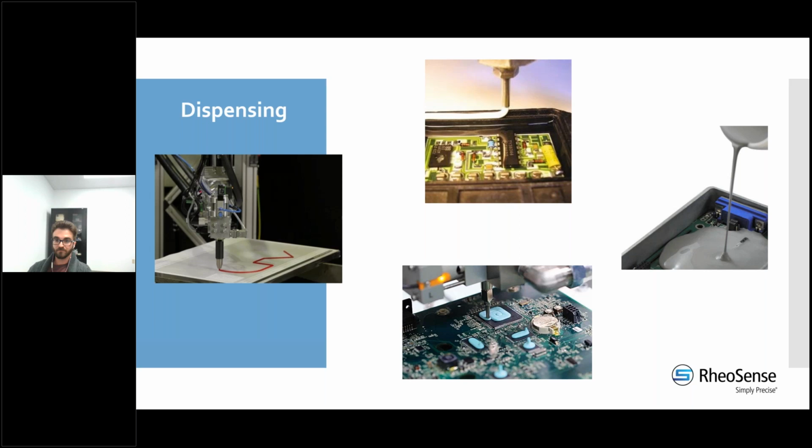So some of the common dispensing techniques that I came across were bonding, sealing, and potting. So bonding, which I have an image of here, of this nice red material being dispensed. Bonding is an adhesive that is used to join two parts together.